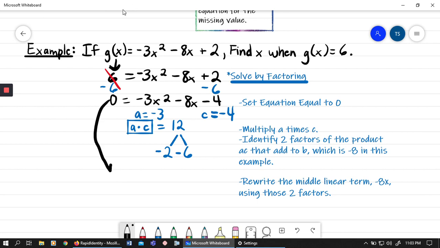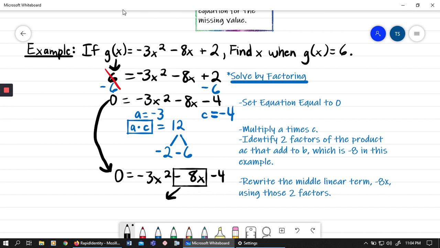We need to rewrite that using those two factors. Alright, so let's do that. We've still got the same equation, -3x squared minus 8x minus 4, and we're going to rewrite this middle term using both of those factors.